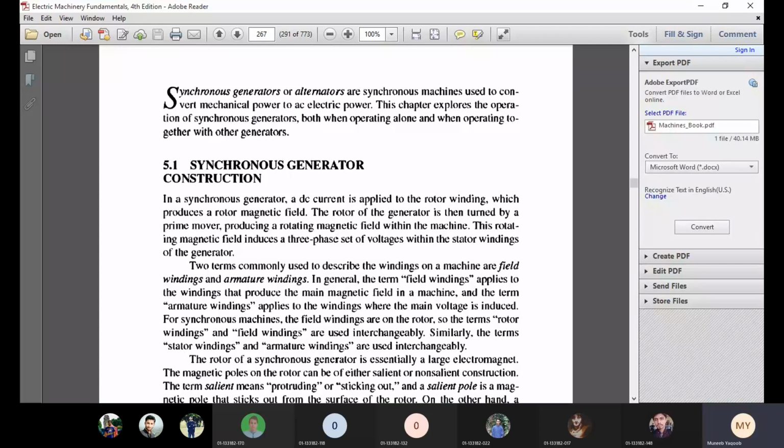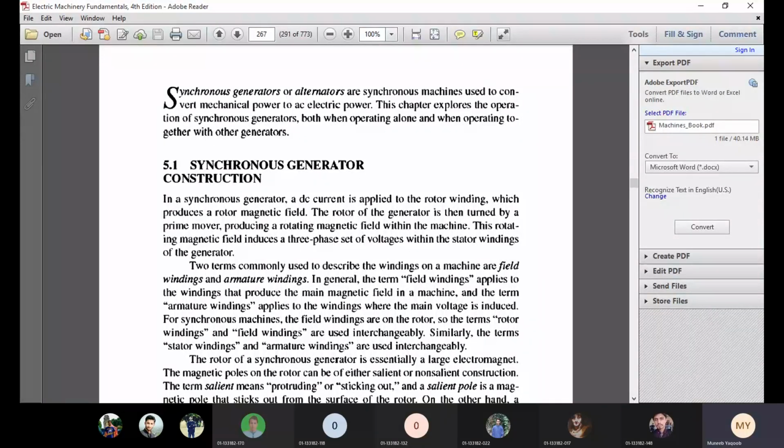For example, when we talk about the synchronous generator, its starting principle is that we provide a DC field current to the rotor's winding. When we provide a DC field current to the rotor's winding, a fixed magnetic field is established. Now, since the machine is a generator, we will rotate the rotor of the machine by means of a prime mover.